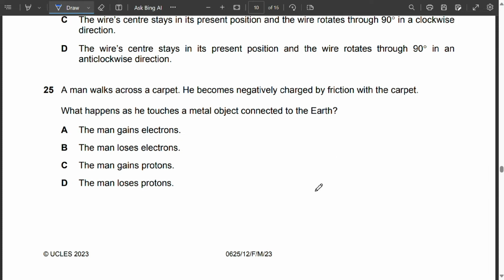Basically, all of the negative charge that the man has will be conducted by that metal object towards the earth. So the man is going to lose those electrons, so there will be no charge on the man, because all the negative charge on the man will flow through the wire to the earth.